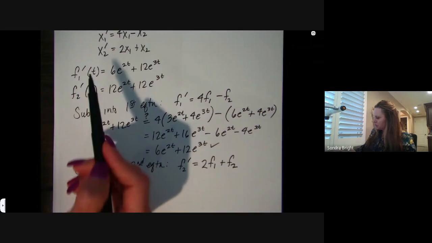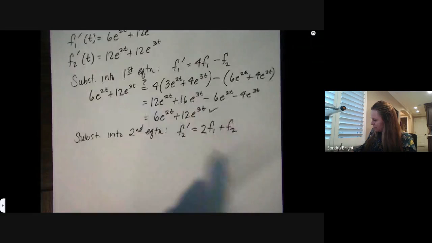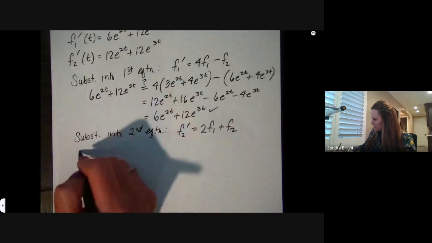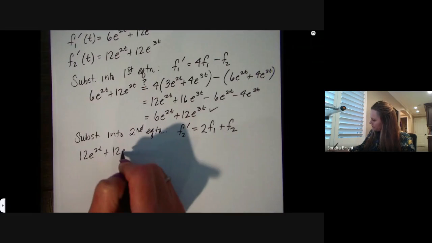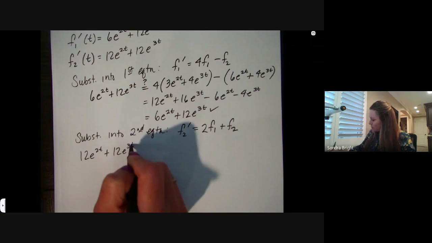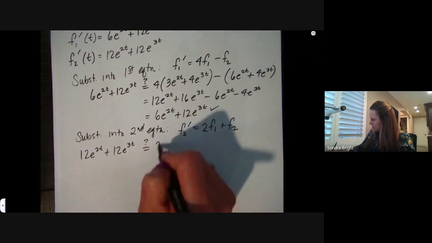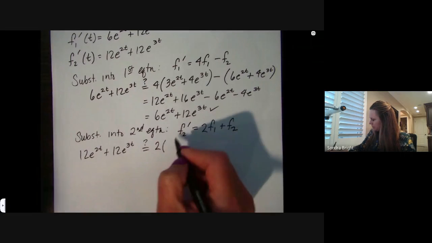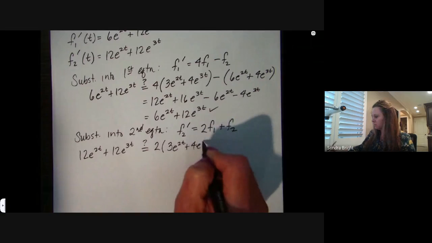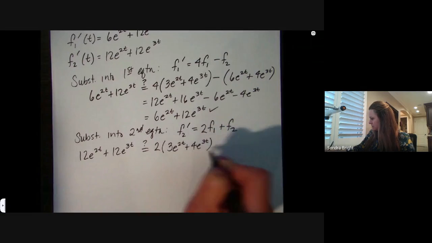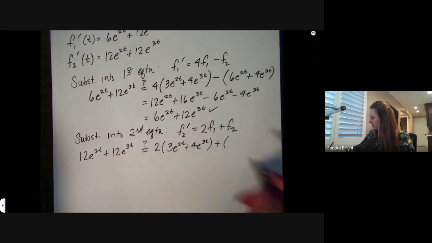So f2 prime we said was 12e to the 2t plus 12e to the 3t, and we want to see, is this equal to 2 times f1, which was 3e to the 2t plus 4e to the 3t, plus f2, which was 6e to the 2t plus 4e to the 3t.